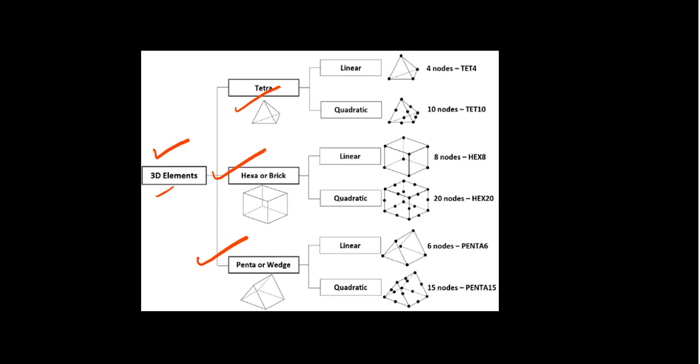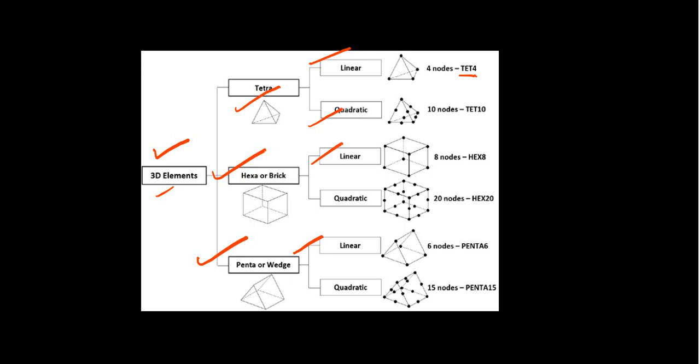In tetra, again there are linear and quadratic, hexa also the same, and penta also linear and quadratic. In tetra, there are four nodes, like a pyramid type. Four-noded tetra linear element, so tetra 4. You can assume it like a pyramid, four nodes connected.